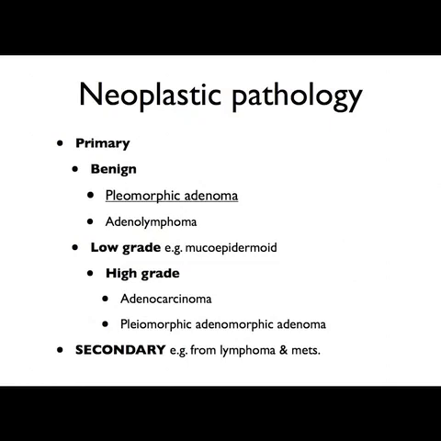You can also have fairly low-grade malignant primary tumours or mucoepidermoid tumours, and high-grade, either an adenocarcinoma or a pleomorphic adenocarcinoma. However, this is all fairly fine print stuff, really. The pleomorphic adenoma is the one you want to try and remember.